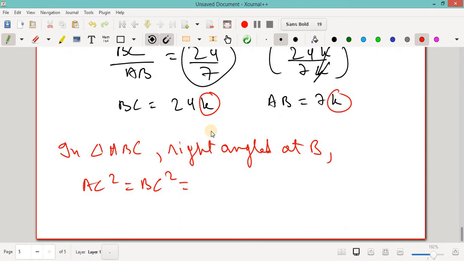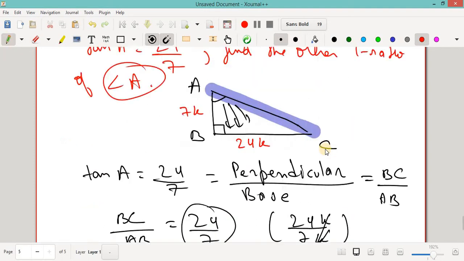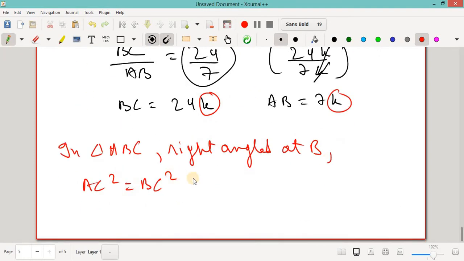So that is BC square plus AB square. We have to find AC square. Now what is BC square? BC square is your 24K square, plus your AB is what? 7K.